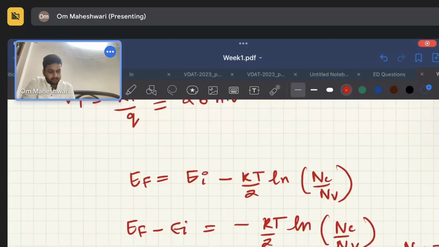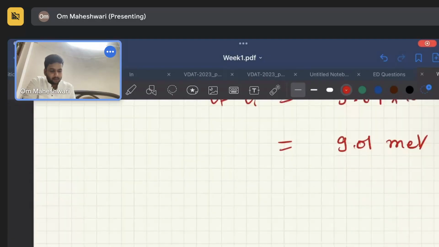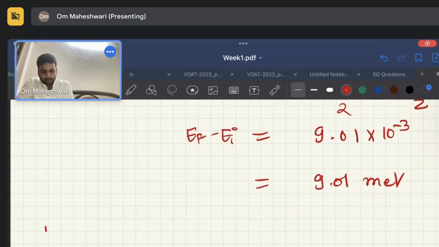KT by 2 is not 0.026. Actually, KT by Q is equal to 0.026. Let us see.